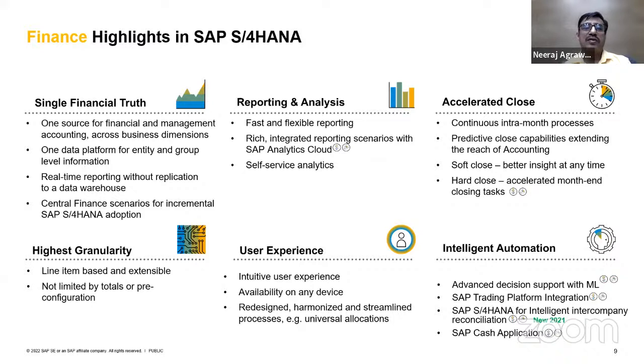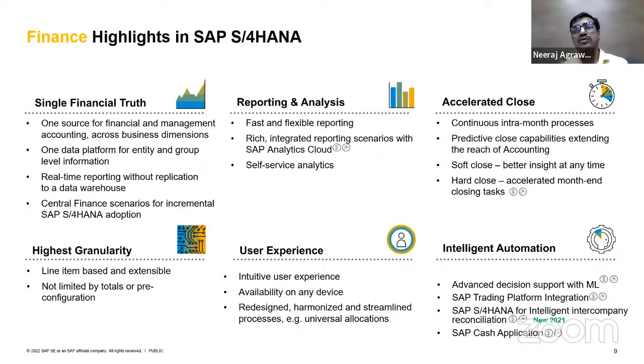Then we have the highest granularity, where we can look at an item-based, line item level. I should not go much into the past, where we had tables which were indexed or did the totals, and there were multiple layers to reach a certain level.